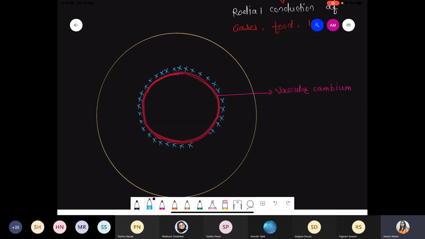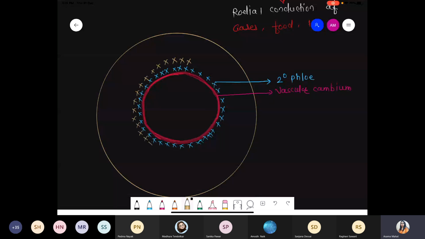I'm giving just a cross; if you want, you can use a star or dot, your choice. Exactly toward the above side, some cells of the vascular cambium cut and form the tissue that is secondary phloem. You know very well primary phloem is already present, right? Now there is the presence of another cell, that is primary phloem, because it is already present.